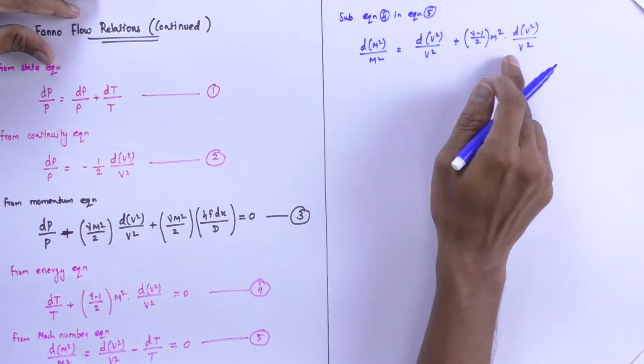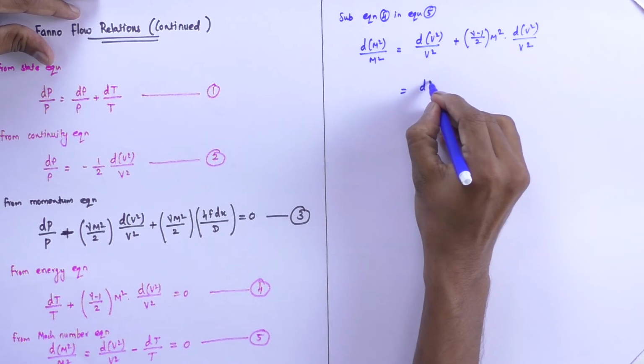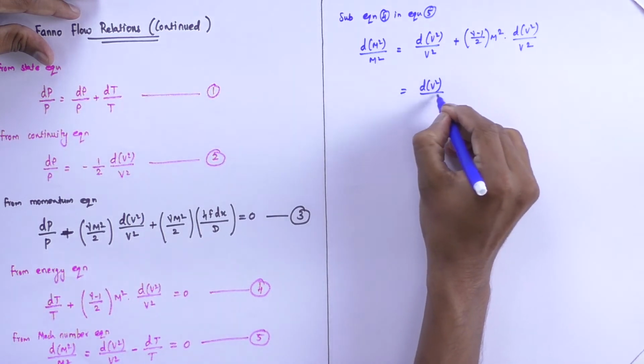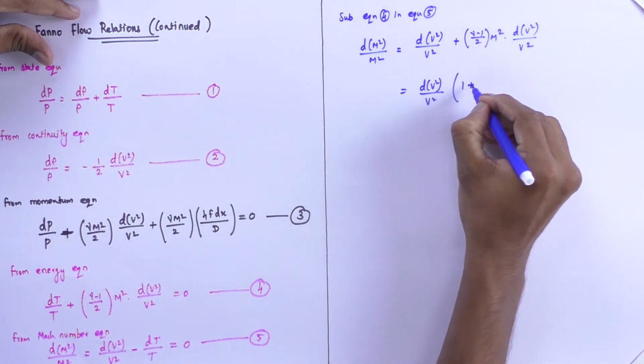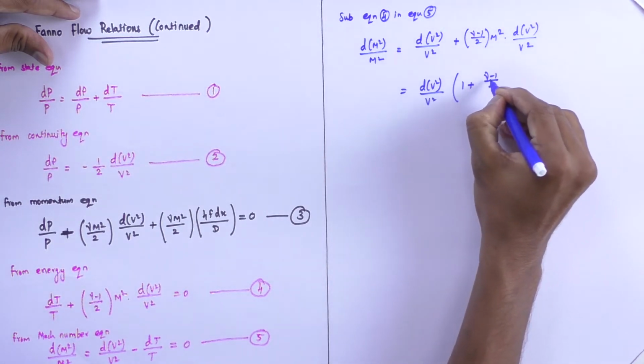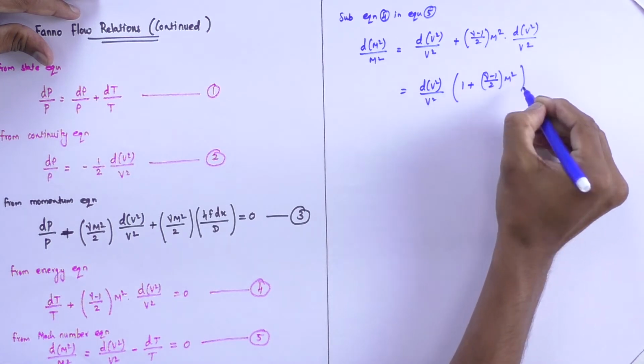In these two terms we have a common term d of v square divided by v square, take that outside. So, the remaining term will be 1 plus gamma minus 1 by 2 M square.